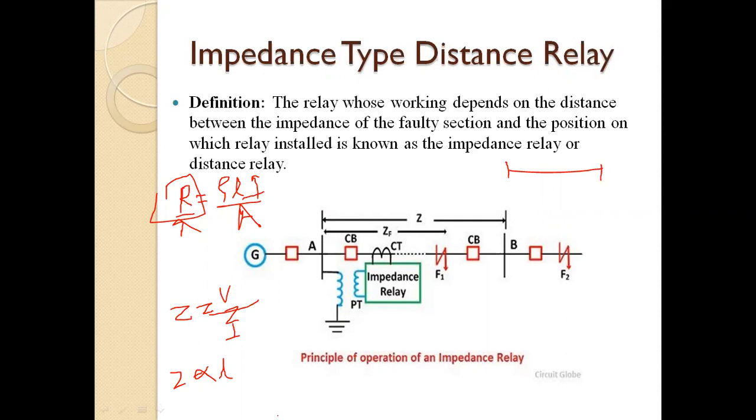Means the transmission line parameters are different. So this R is the resistance.